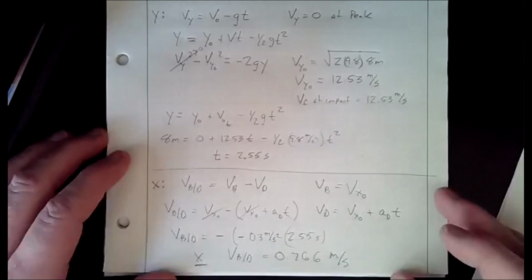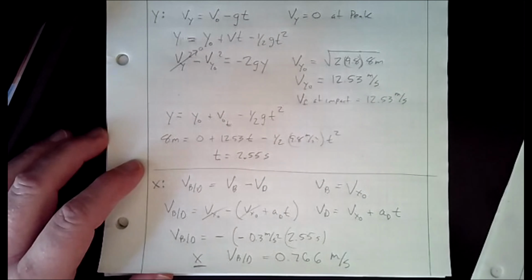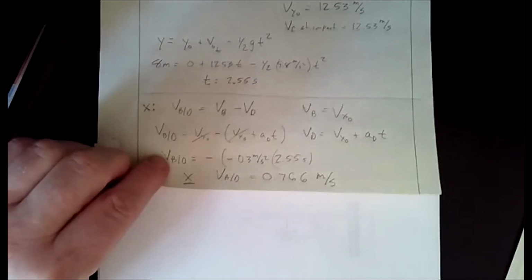So we need the total B with respect to D. Remember what I said earlier was that the ball, what goes up comes down.